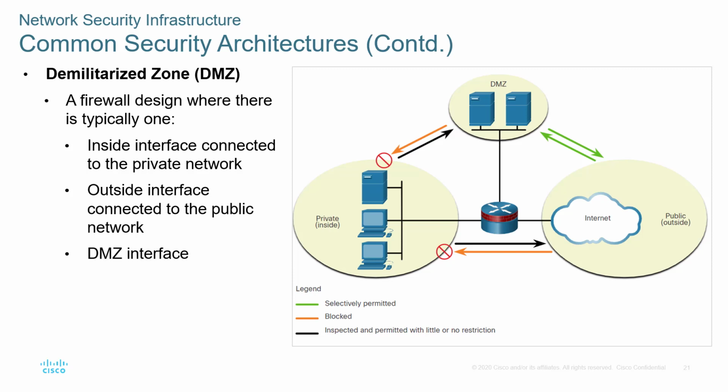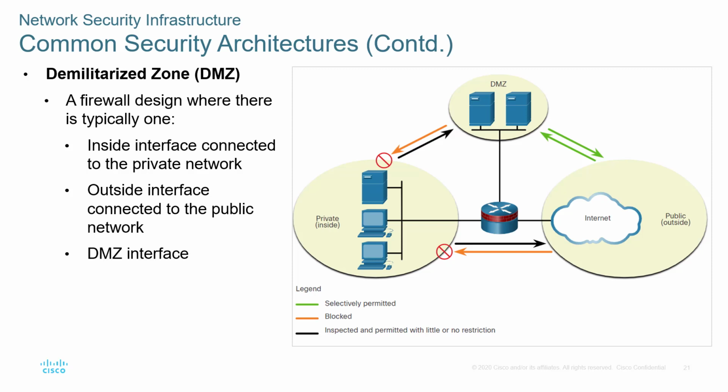What ends up happening is the DMZ is going to be anything that needs to be accessed by the internet that we don't want to be in our inside network. So we have this special zone set up so that the internet can access it and the internal can access it, but that way we still allow for a gap between the internet and our private or inside network. This is called a demilitarized zone, DMZ.